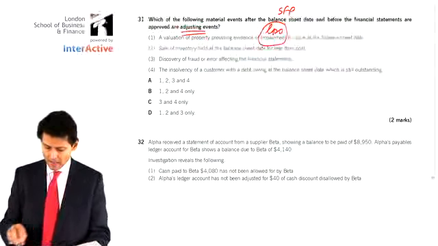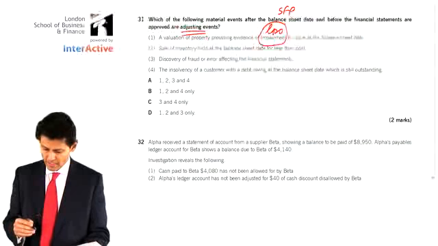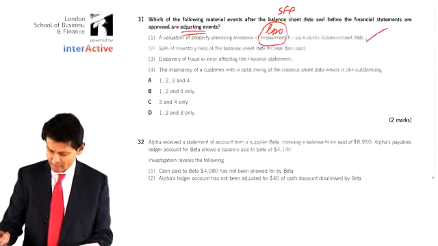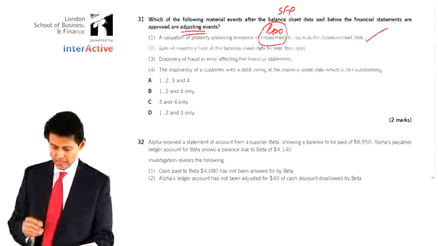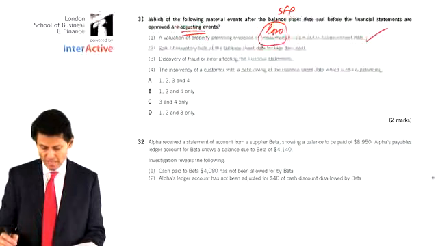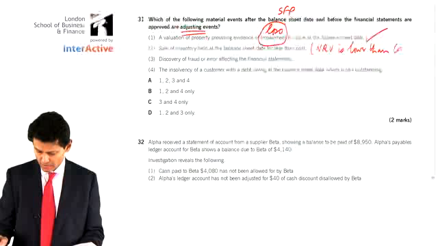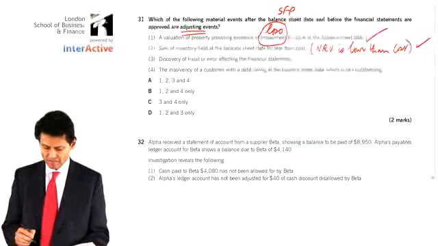So, evaluation of property, providing evidence as at balance sheet date, absolutely fine, before the accounts are signed, of course. Sale of inventory held at the balance sheet date for less than cost. Basically, the NRV, net realizable value, is lower than cost. And that's absolutely fine.